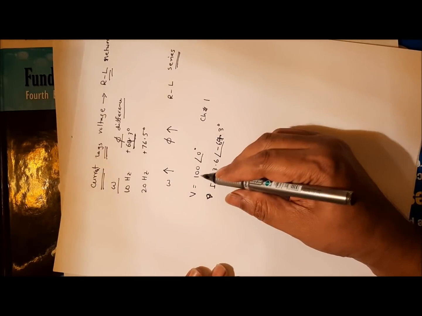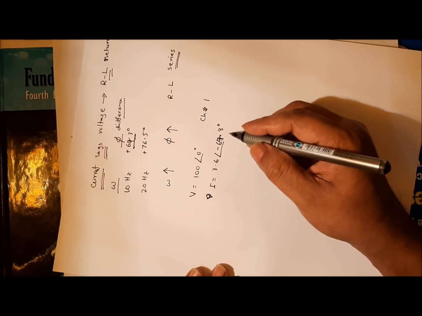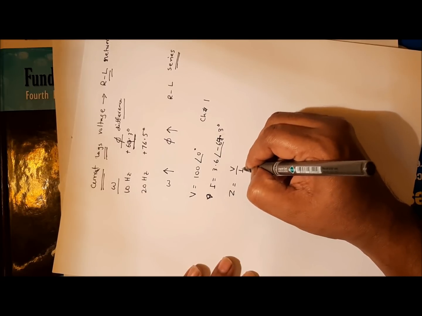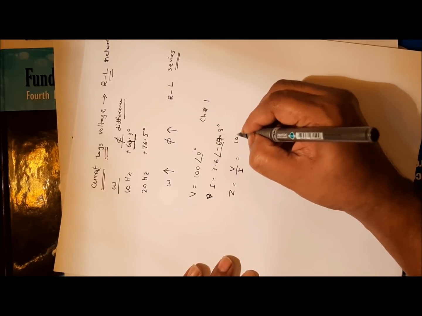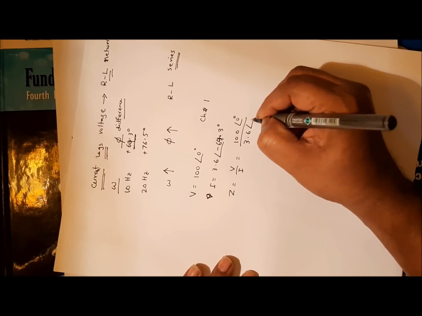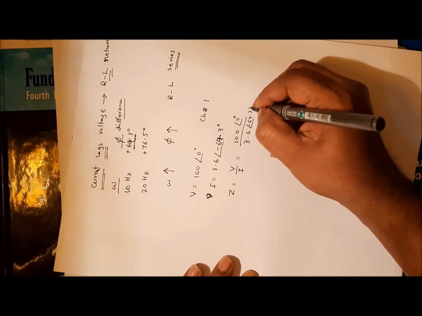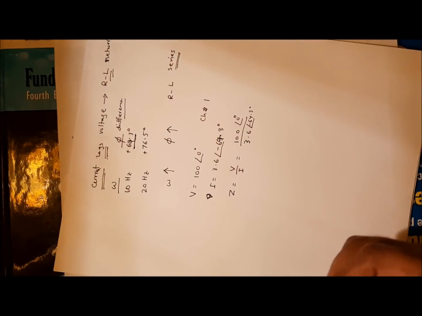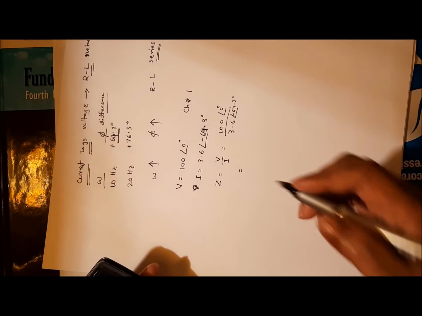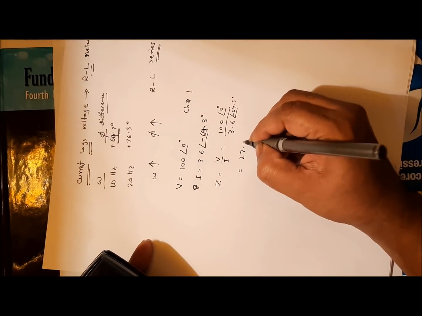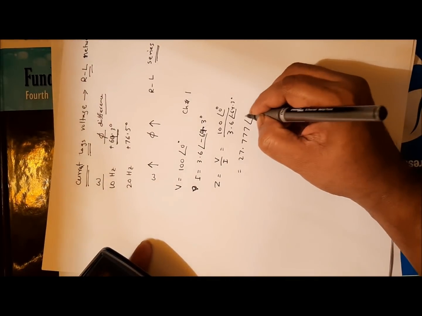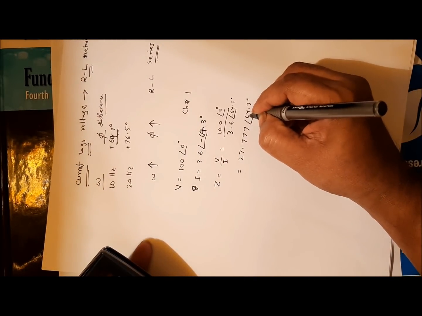Now if you see the current and voltage, you can find the impedance equal to voltage over current, that is 100 angle 0 over 3.6 angle negative 64.3. Let me find it in polar form. That gives us 27.77, and the shift angle is 64.3 degrees.